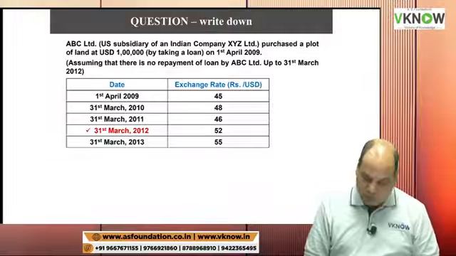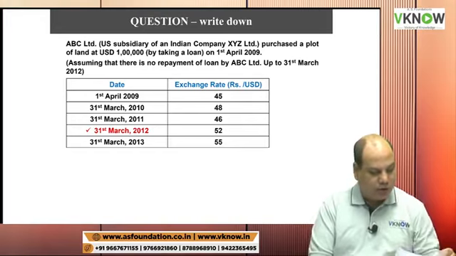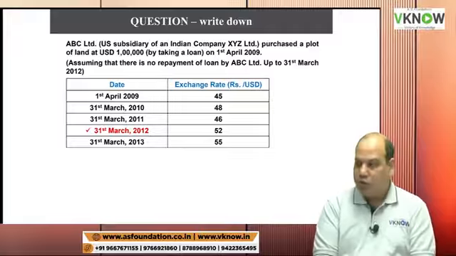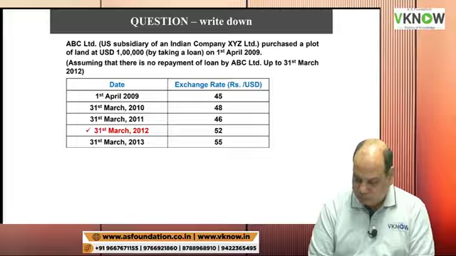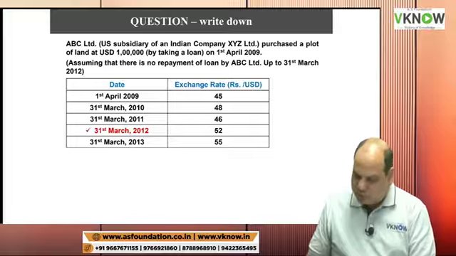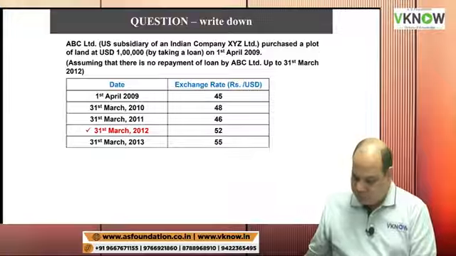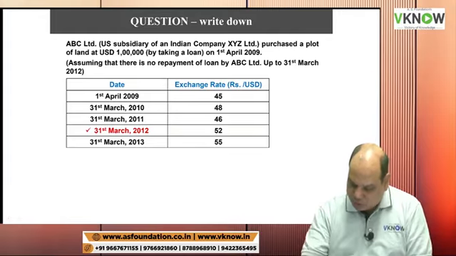So please write down: ABC Limited, US subsidiary of an Indian company XYZ Limited, purchased a plot of land. Instead of subsidiary, you can make it branch also. Answer will not change.